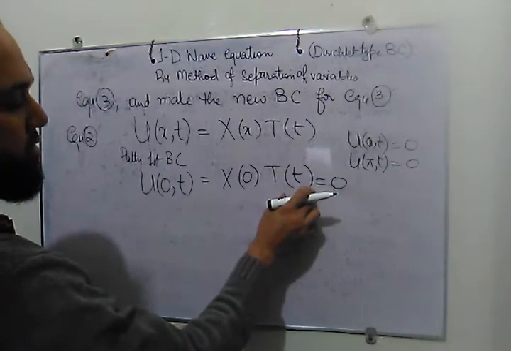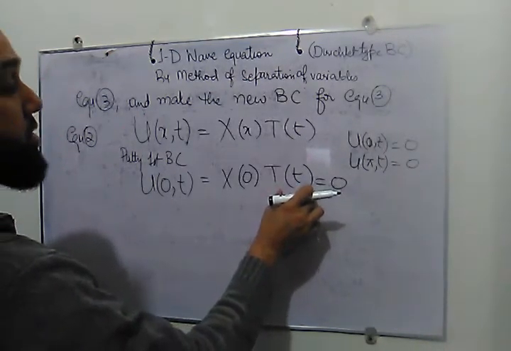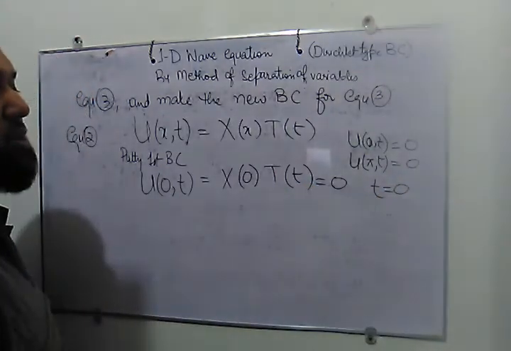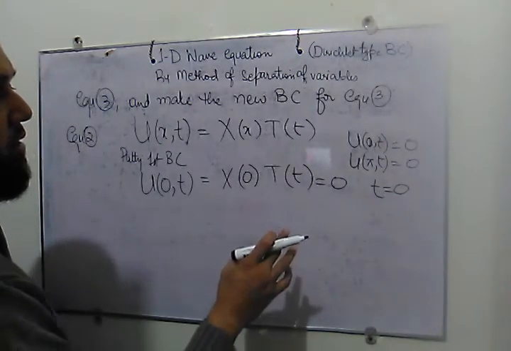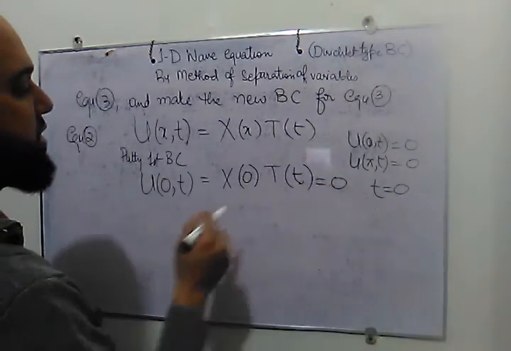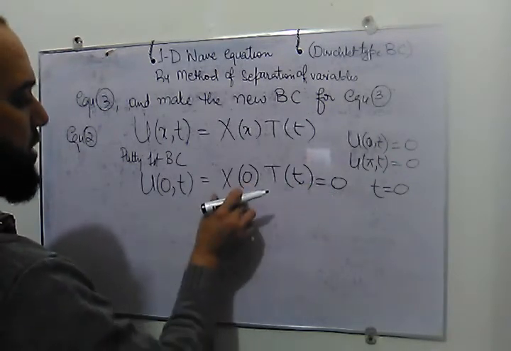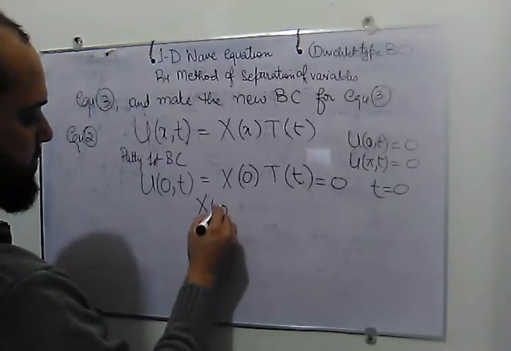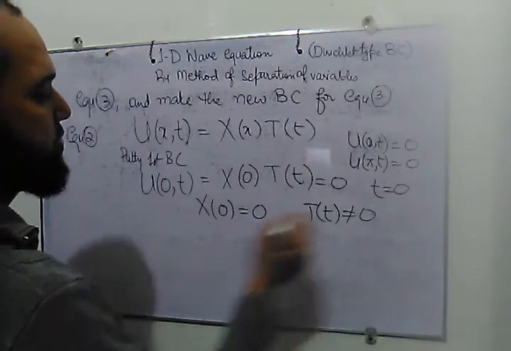By the argument that the time factor cannot be 0, because t equal to 0 is the starting of the experiment, the whole experiment t is always greater than 0. T starts from 0 and is increasing. Therefore, this term cannot be 0 and this term must be 0. So X(0) is equal to 0 since T(t) cannot be 0.